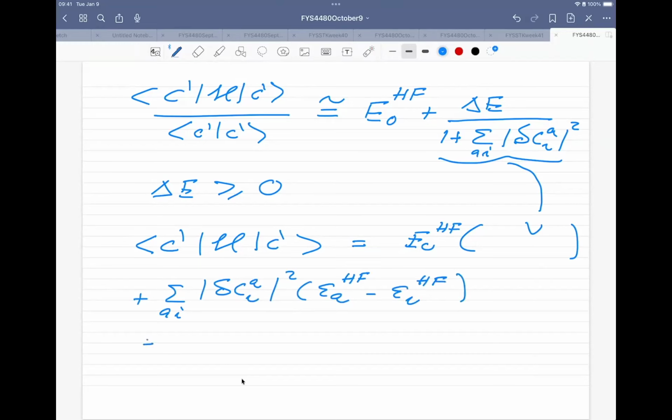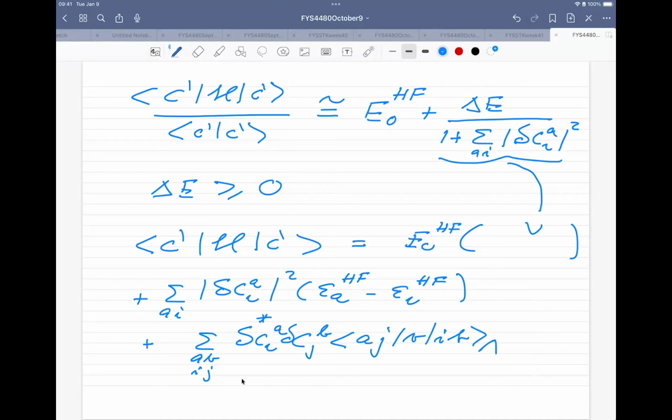And then there is a new term, plus a sum over B_ij, and then I have a delta C_IA complex conjugate, delta C_JB, and then I have an integral AJ of V IB, anti-symmetrized.